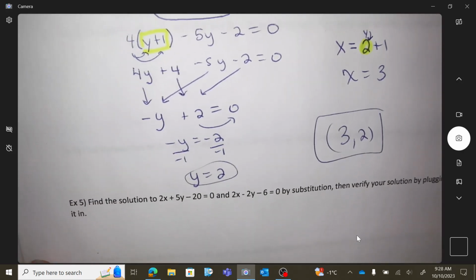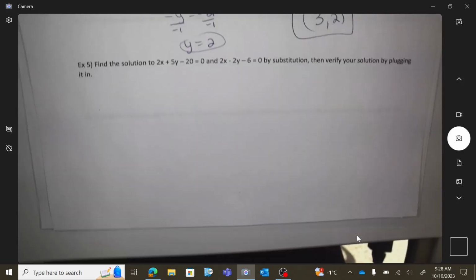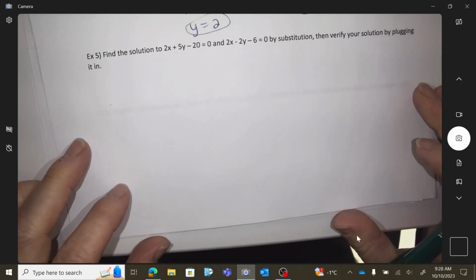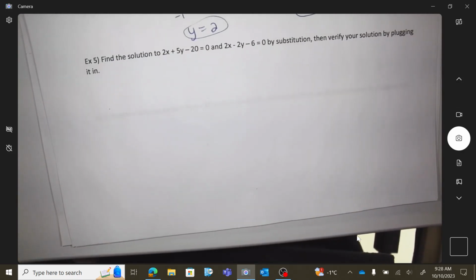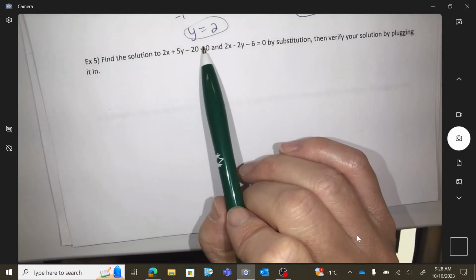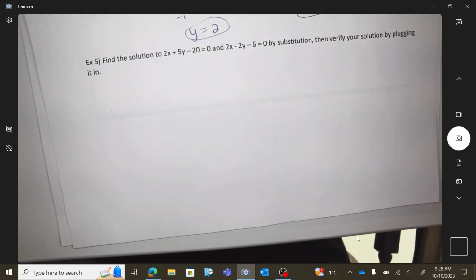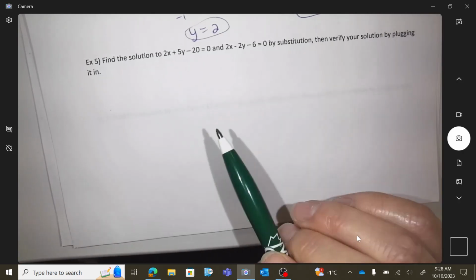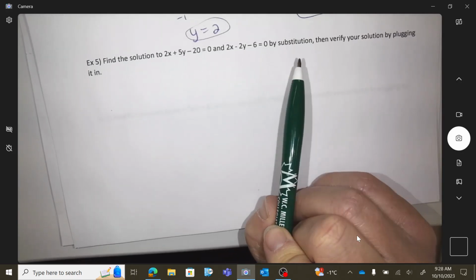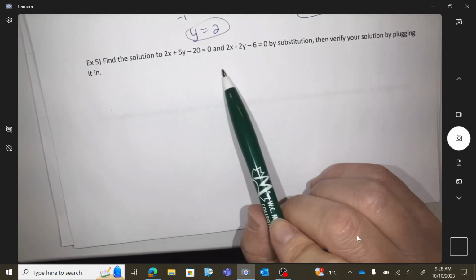Okay, so one last question of the day, and then the day will be yours. This one is different in the fact that when I look at this and I look at this, I don't have a statement that just has y equals this or x equals this. So we have to pick something to get alone. Anybody want to pick anything?